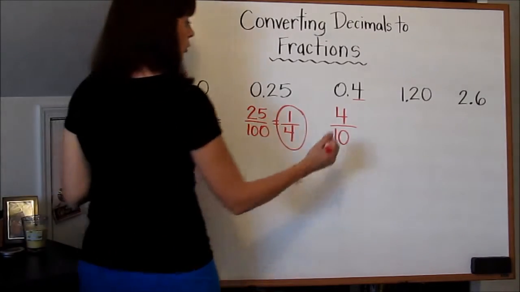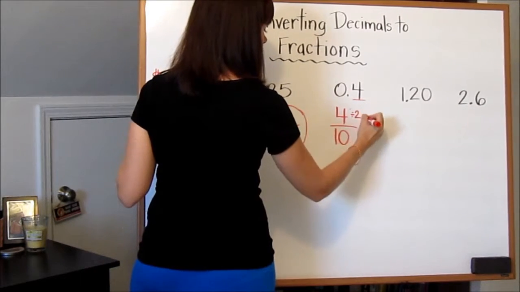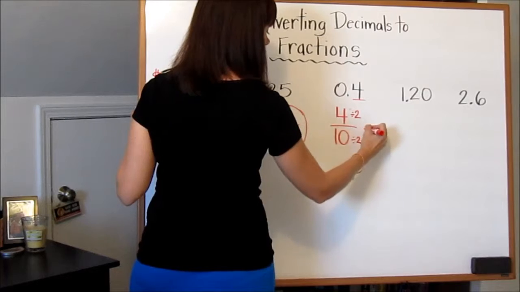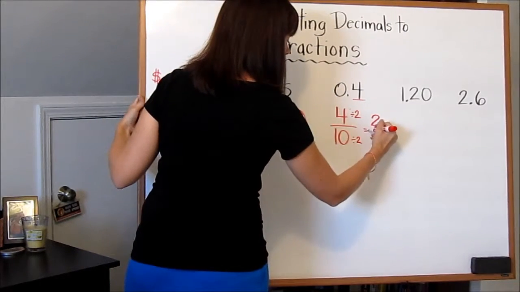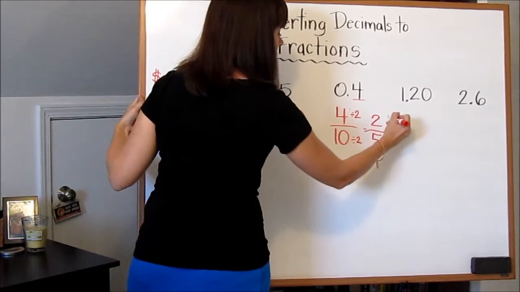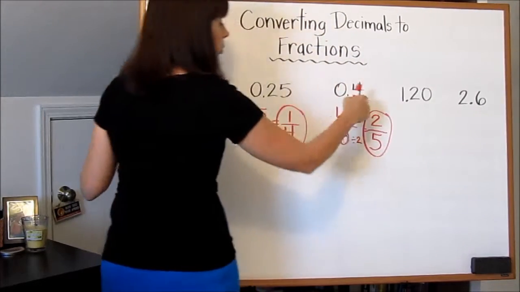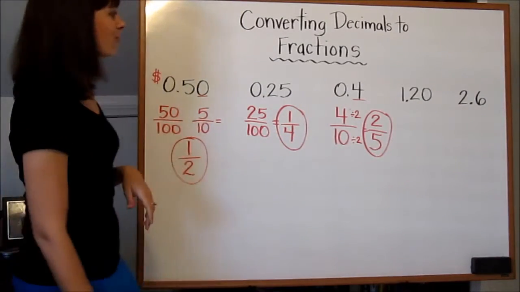That number would be 2. So if I divide both by 2, what would I get? Well, 4 divided by 2 is 2, and then 10 divided by 2 is 5. So therefore, 4/10 is equivalent to the fraction 2/5.